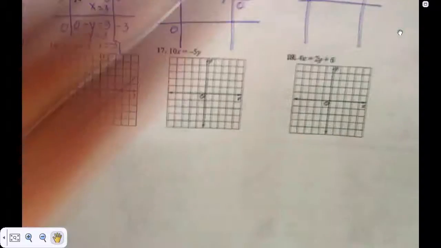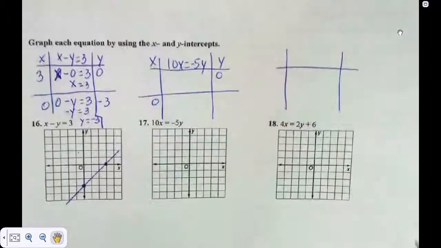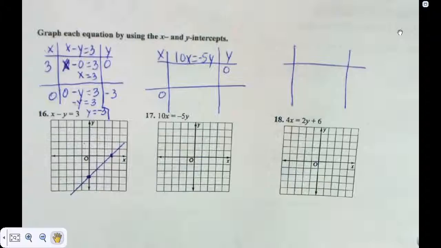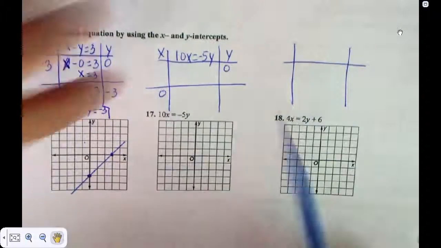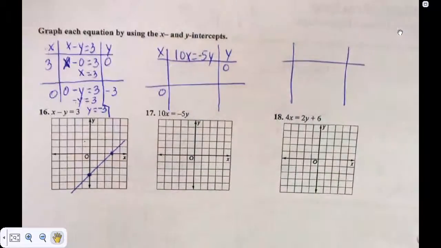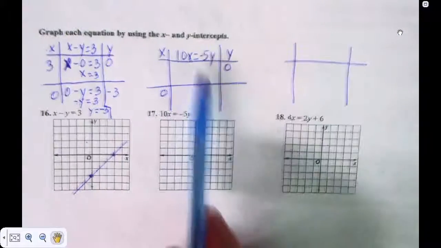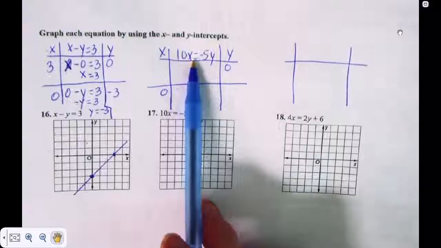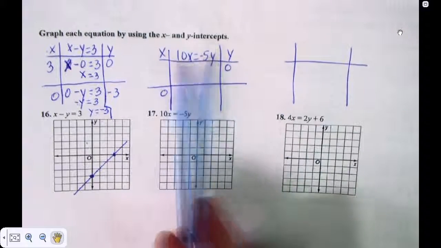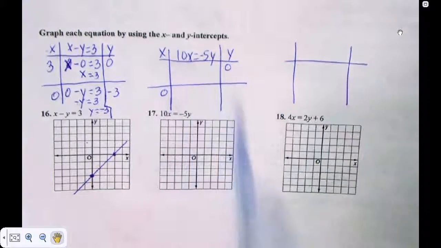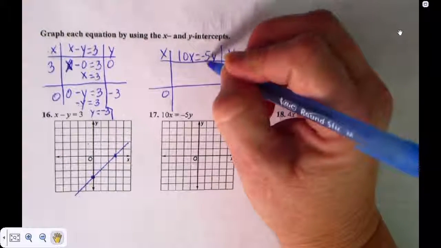Okay, on 17. I did not think of this until after I got through doing it. You really could reduce that. What could we reduce that by? Or even negative 5.